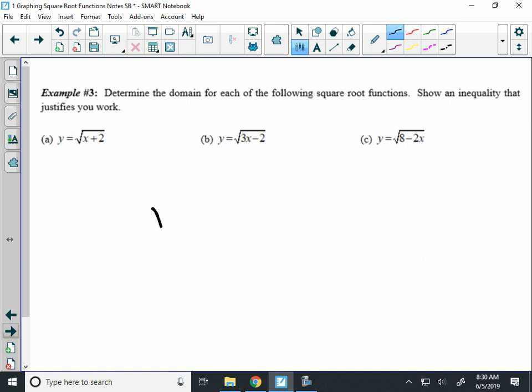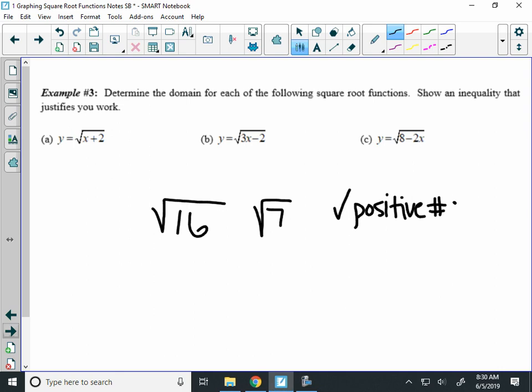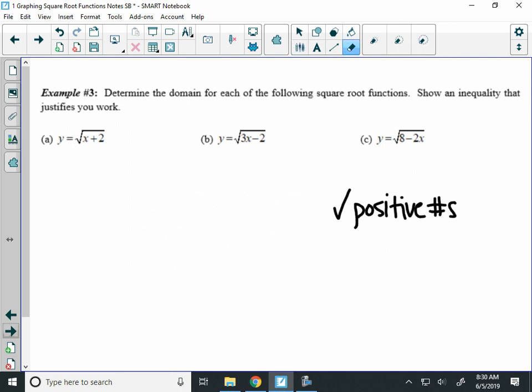When you have a square root, I could take the square root of any positive number I want. So I am allowed to have positive numbers under the radical. I can even take the square root of 0. That's equal to 0. So I can have 0 under a radical.